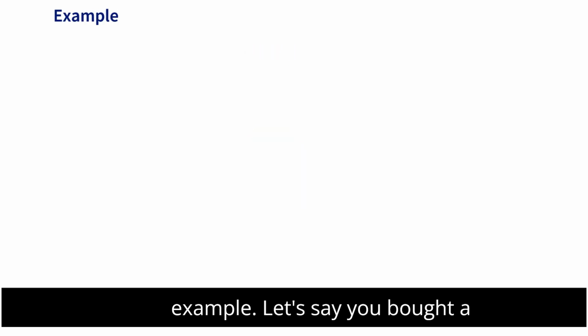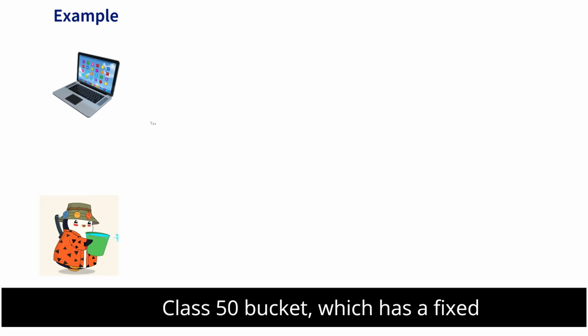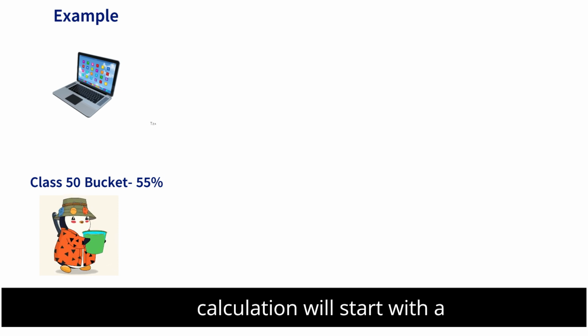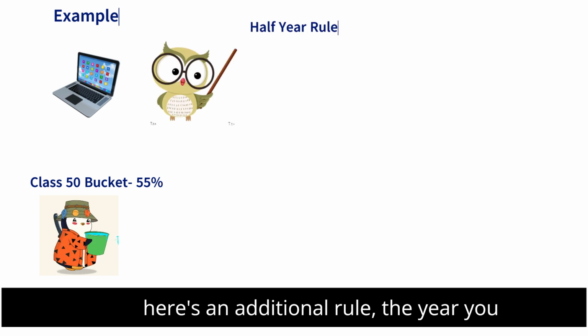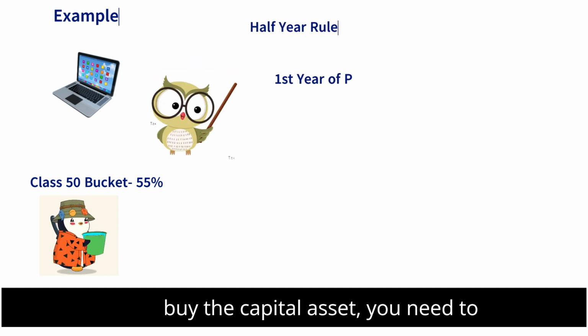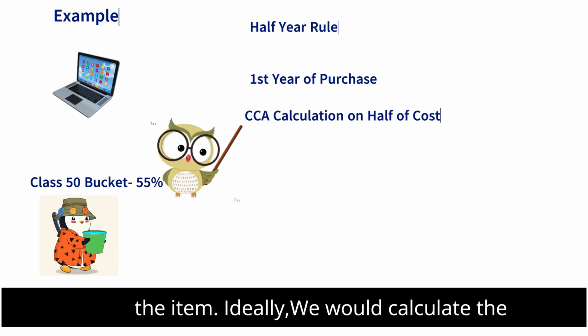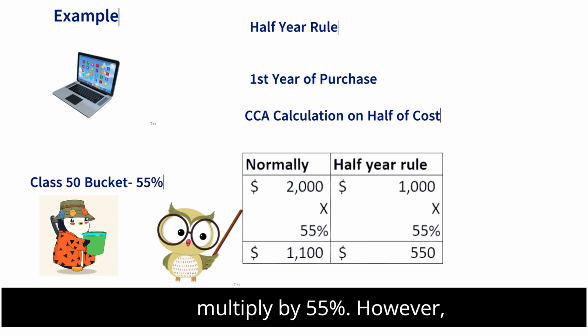Let's go over an example. Let's say you bought a laptop for $2,000. This would go in the Class 50 bucket, which has a fixed percentage of 55%. So your calculation will start with a purchase of $2,000. Now, here's an additional rule. The year you buy the capital asset, you need to calculate the percentage on half the cost of the item. Ideally, we would calculate the amount as $2,000 multiplied by 55%.